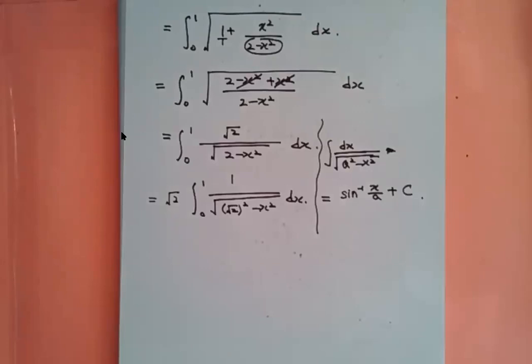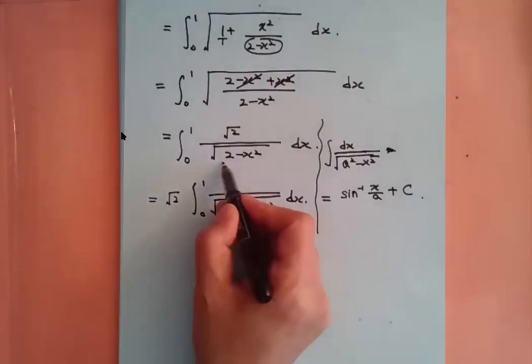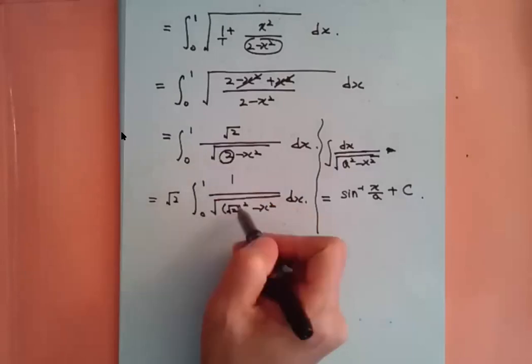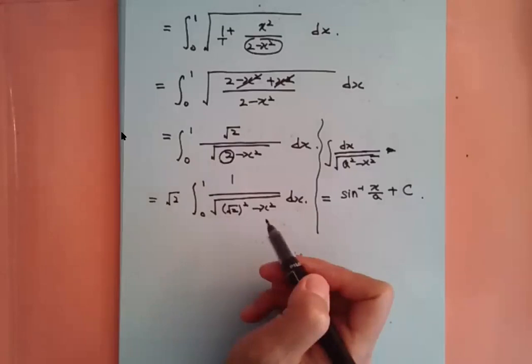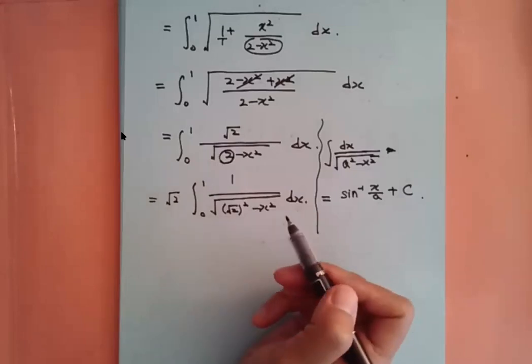So that's the reason we converted 2 to some number squared, square root of 2 squared. And then a becomes square root of 2, right?